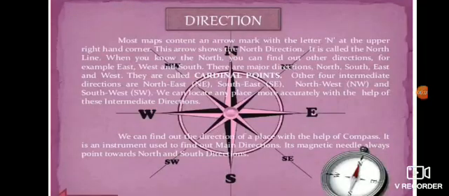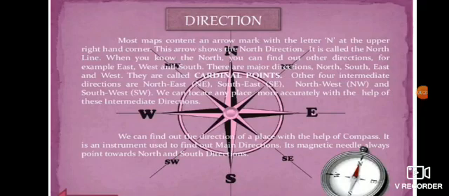Now students, our next topic is direction. Already I have explained about cardinal direction. Now let's see directions. Maps generally have an arrow or a line with N written on top. This north line indicates the north direction.